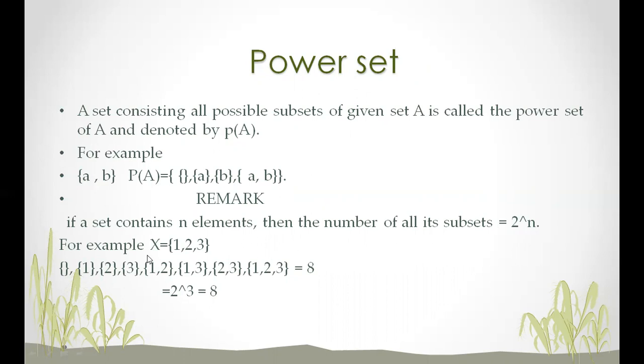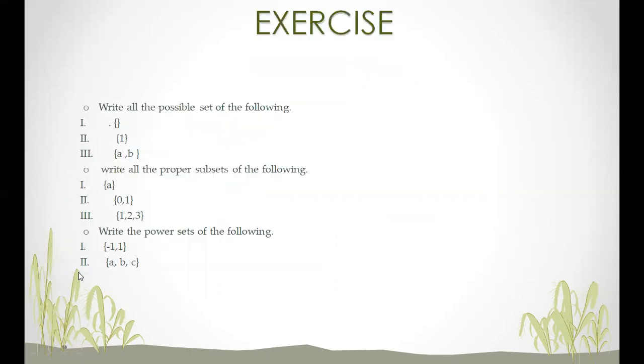For example, X is equal to {1, 2, 3}, it has 3 elements and 8 subsets, 2 raised to power 3 by the formula. And the power set includes all these collected in a bracket.